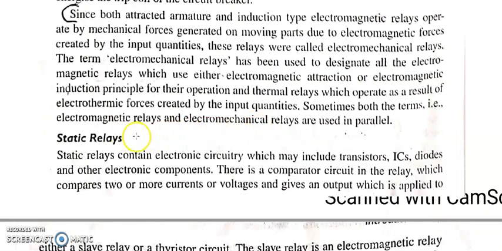Now coming to the static relays. This was the second one based on the technology. Let us understand what static relays are. Static relays usually consist of transistors, ICs, diodes and other electronic components.